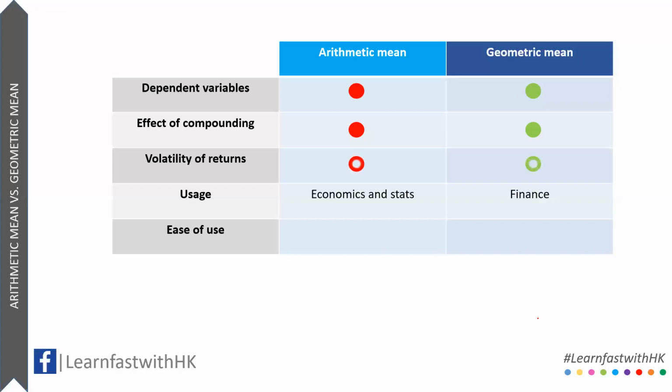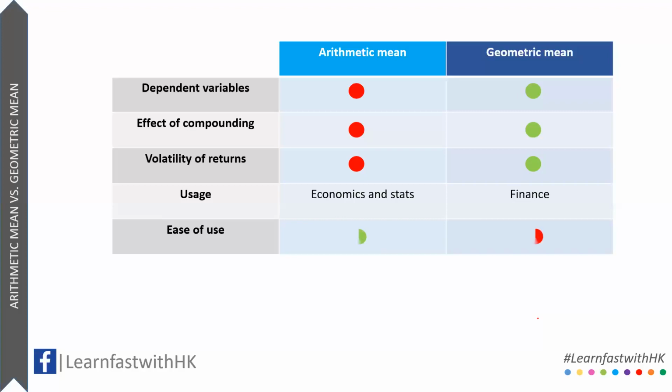Volatility of returns: if the volatility of returns is high, then the geometric mean will be a better measure compared to the arithmetic mean, which will fail in such situations, as we have seen in our example for Aruba Networks. The arithmetic mean is used more in the economics and statistics fields, whereas the geometric mean is used more in finance.